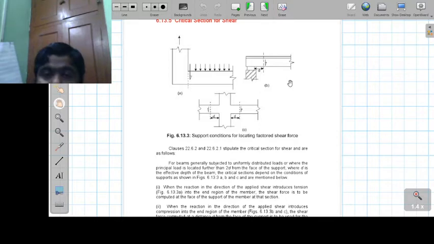Okay, so you can see this is at a distance of d from the side of the supports. Here the support is at the center and on both sides the load is there, and on both sides the compression is generating. Therefore the critical section is at a distance of d from both faces of the support.